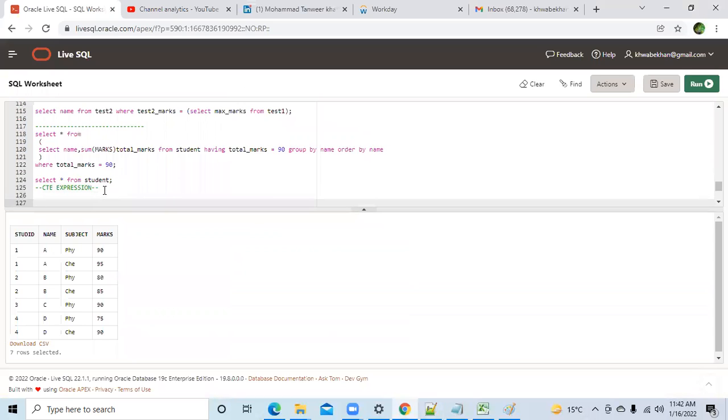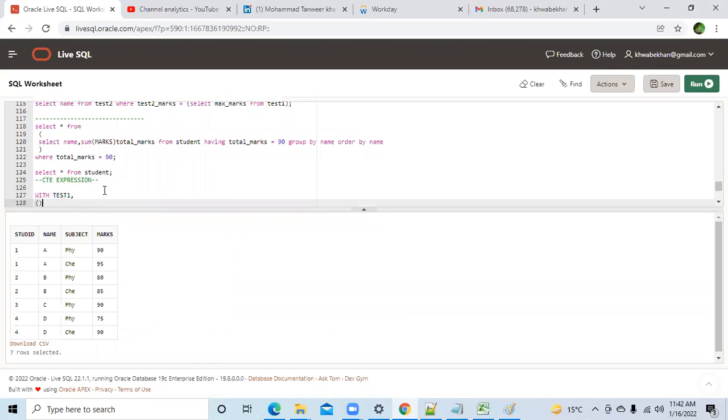See, the same question I am doing with the help of CTE expression, and why I'm showing you this is just to show you that CTE expression is not that complicated. I'm writing something, then you have to tell me what this query is doing.